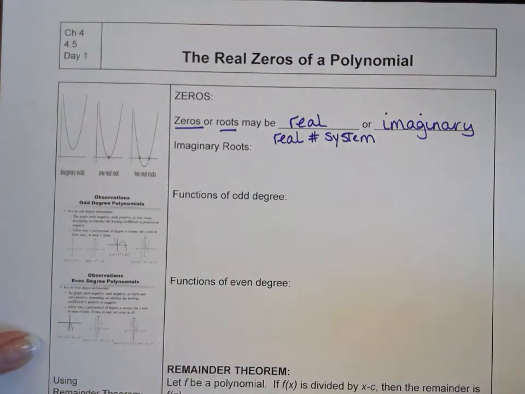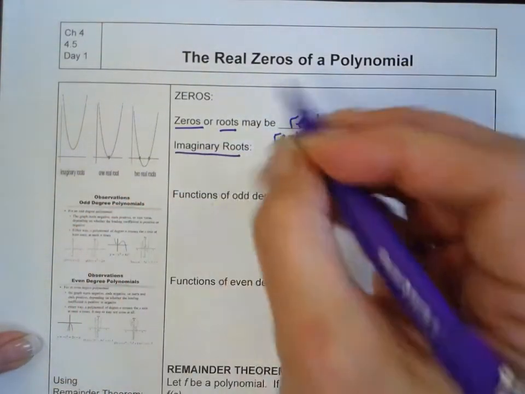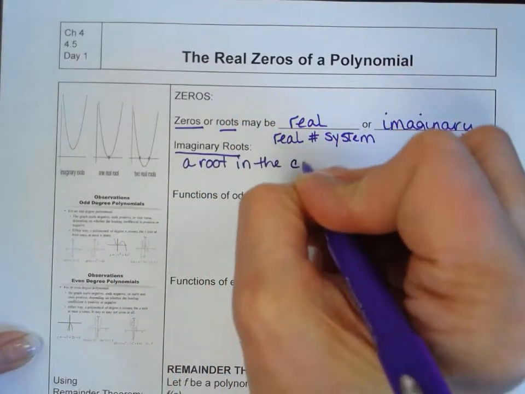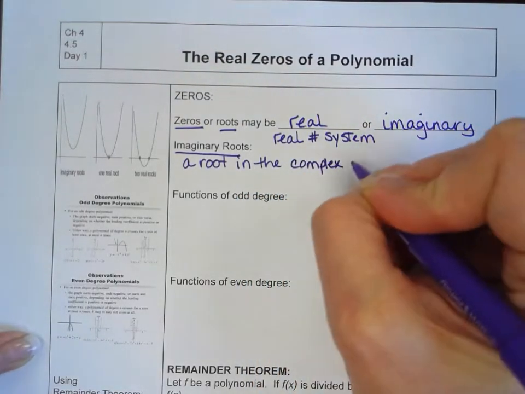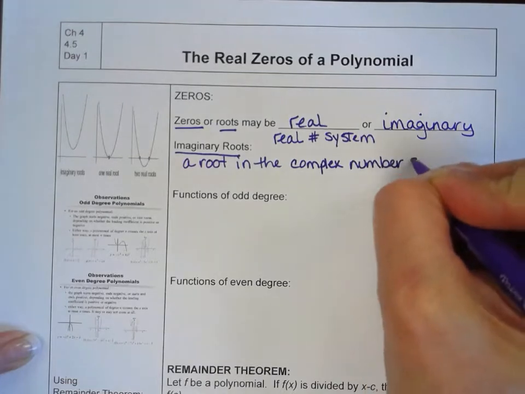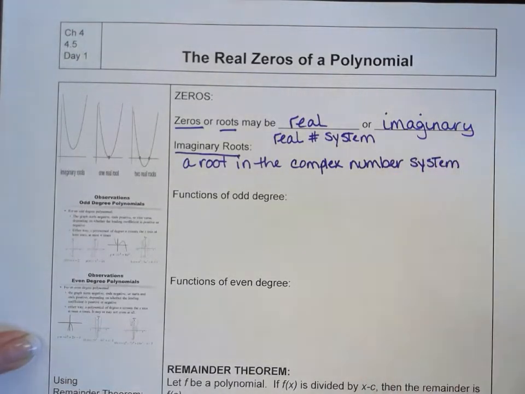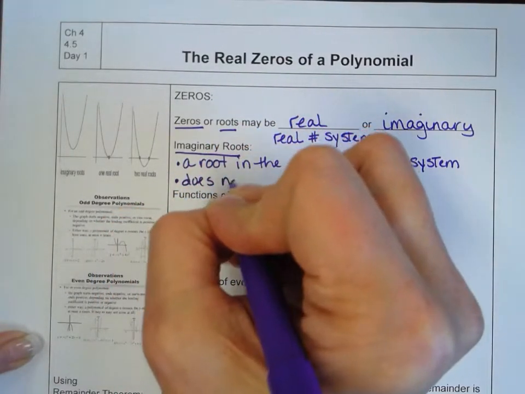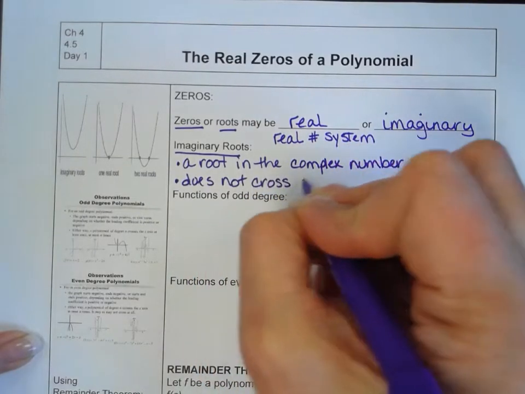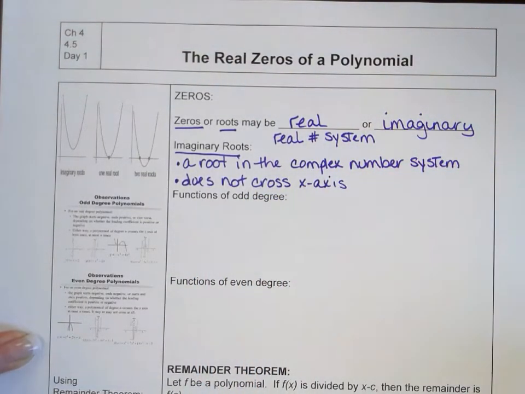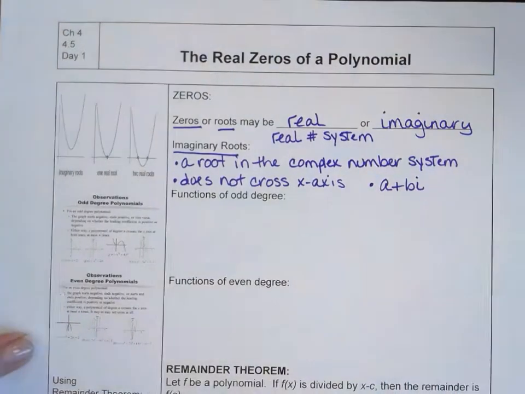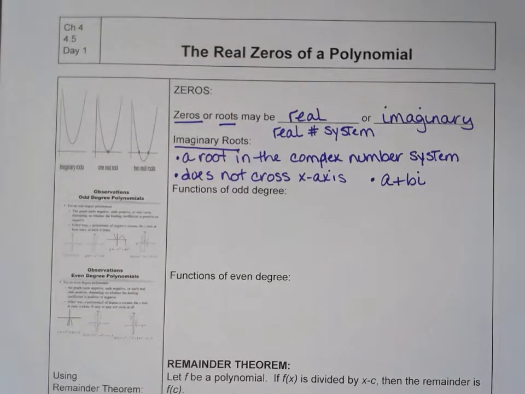An imaginary root is a root in the complex number system, and it does not cross the x-axis. And it's in the form of a plus bi. Remember all that stuff?